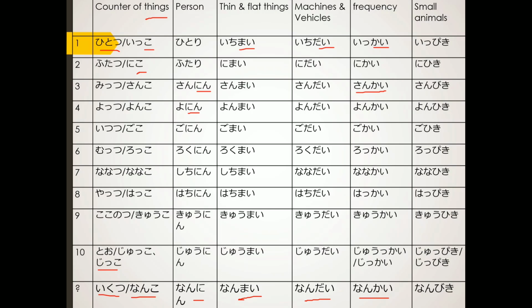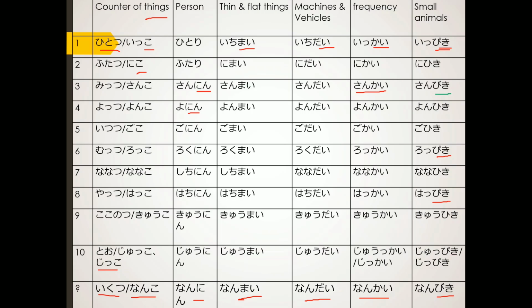Comes to small animal. For small animal, the counter suffix is ippiki, nihiki, sanbiki. Okay, so hiki, piki, biki, yonhiki, gohiki, roppiki, nanahiki, happiki, kyuhiki, juppiki, jippiki. The question is nanbiki. Ichi, roku, hachi, we have piki. 10 also piki.